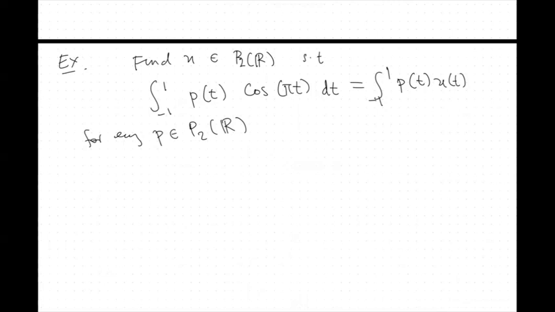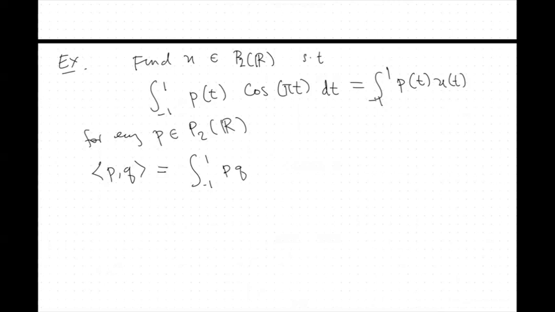So we want to find such u. To do this, we will make P_2(R) into an inner product space. So we define the inner product of p and q as the integral from -1 to 1 of pq.